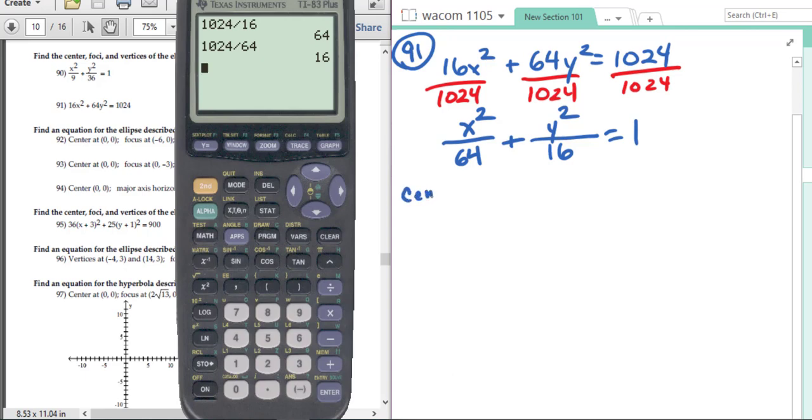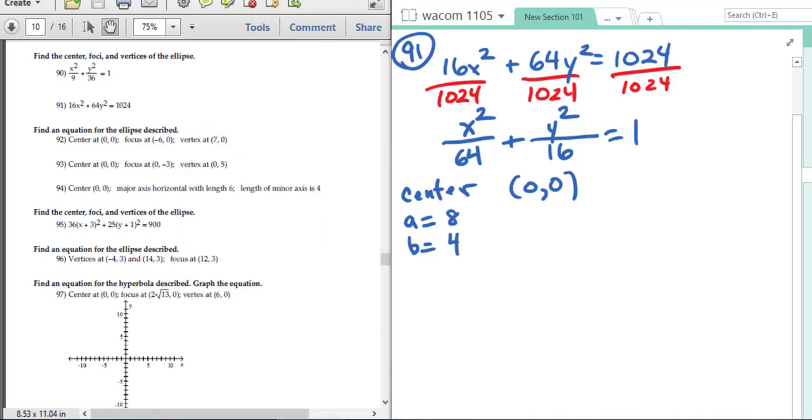Your center is 0, 0. Your a is the square root of 64, which is 8. Your b is the square root of 16, which is 4. This one is going to be a horizontal ellipse because a squared is bigger than b squared.